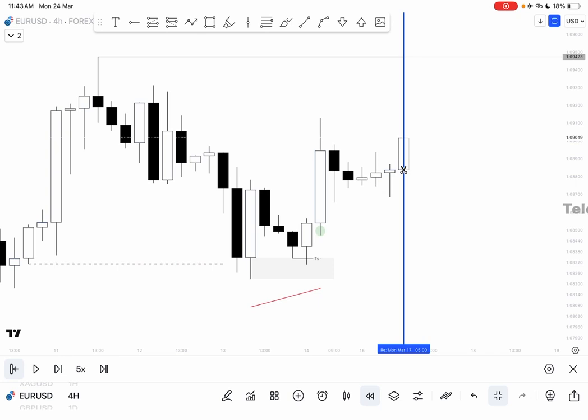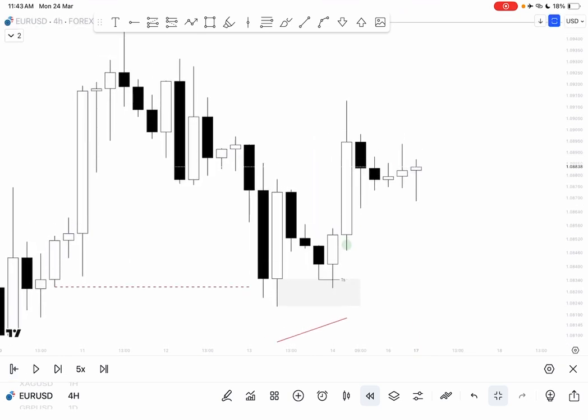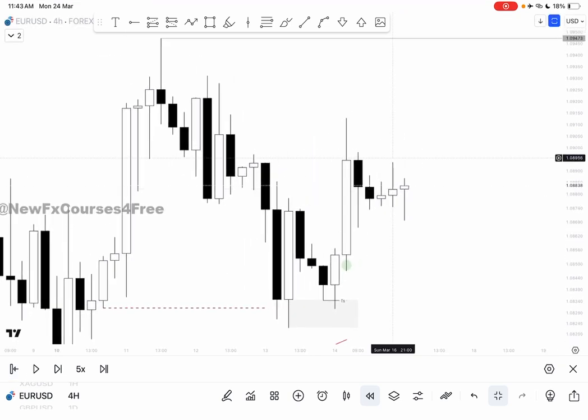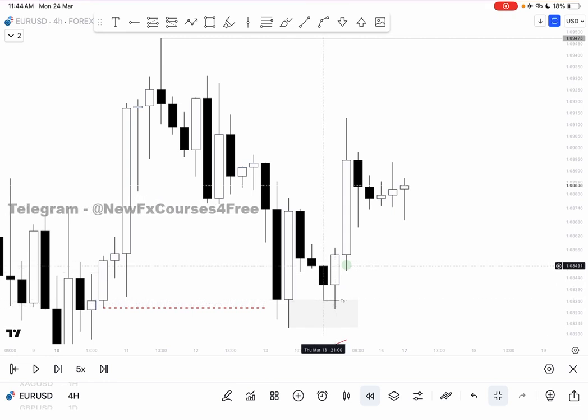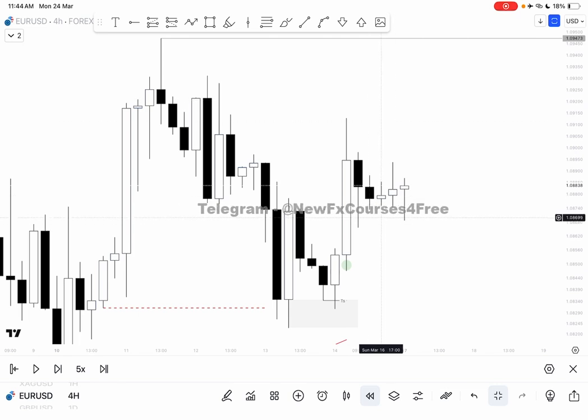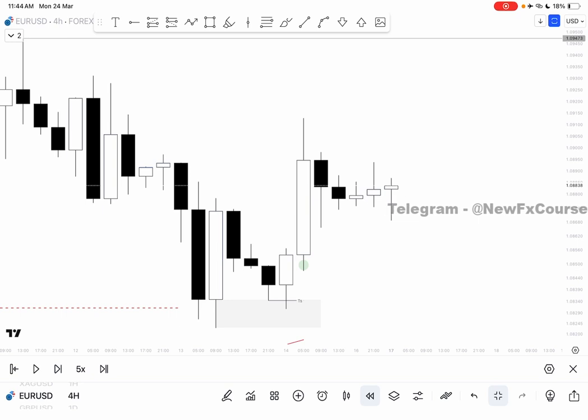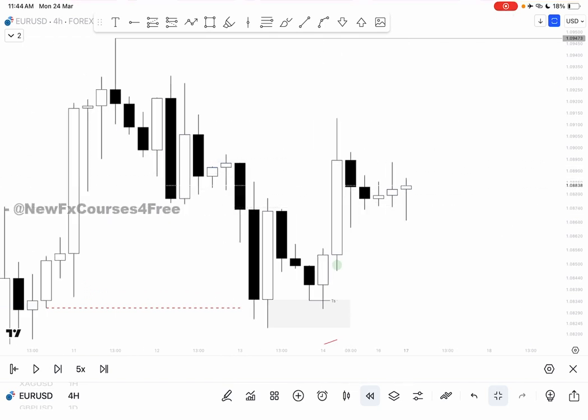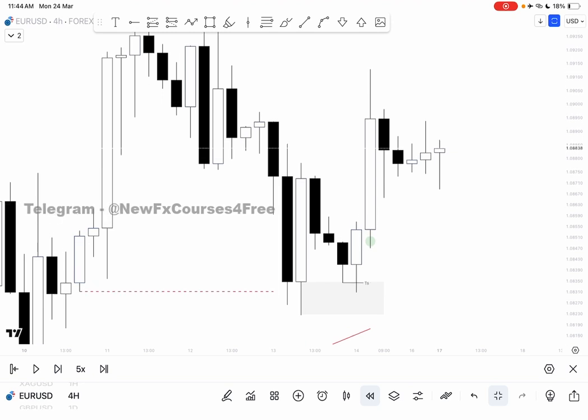Sorry, let me take this back a bit. So we got a range first, then a trend, then we go back into a ranging profile, range generation of interest. So what follows a consolidation, expansion, consolidation. That was the sequence.